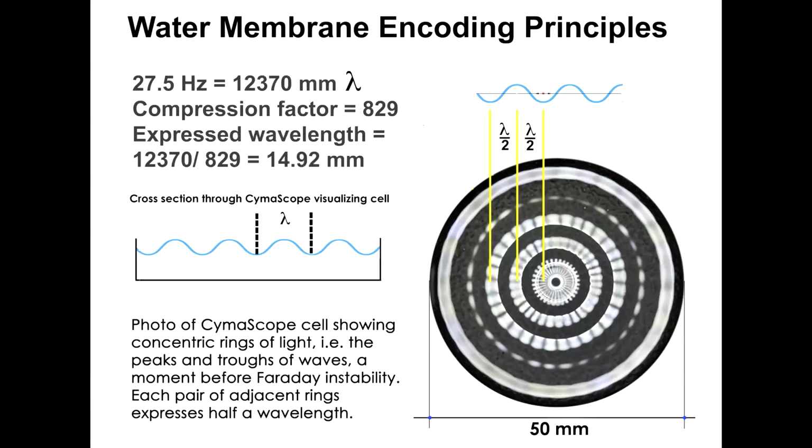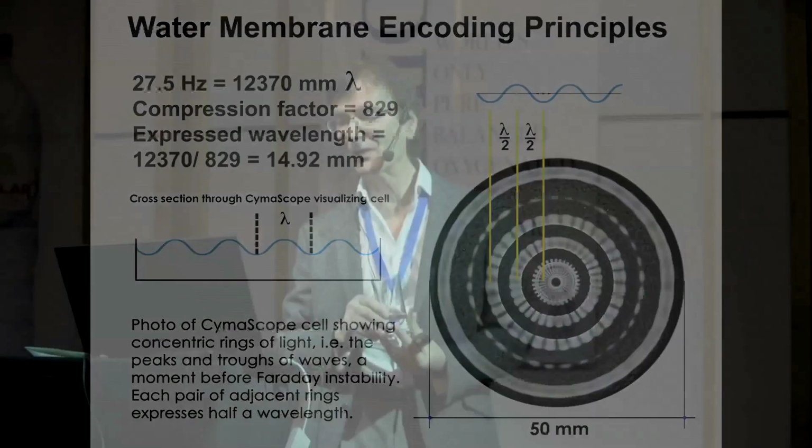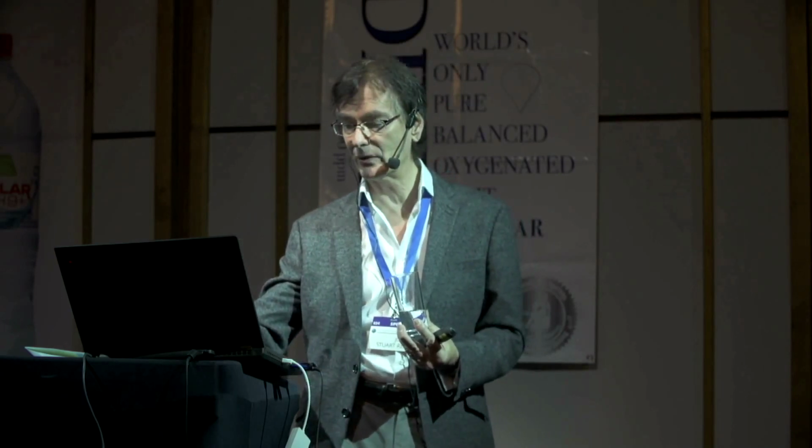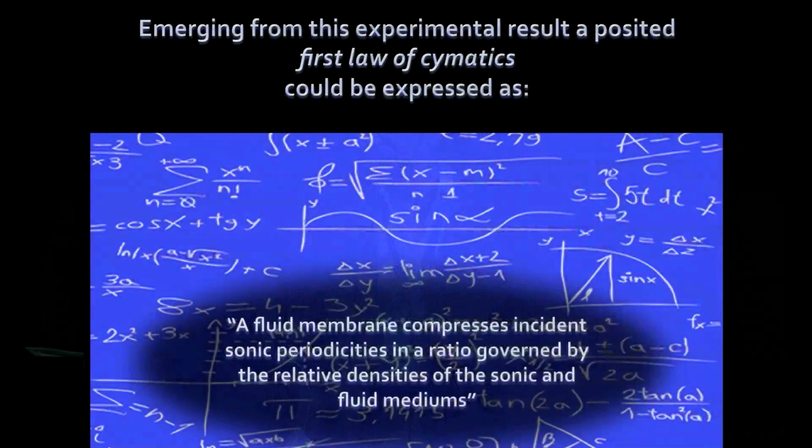So I think it almost certainly is correct that those sonic periodicities are being literally compressed down simply because of the differential in the density of air molecules versus water molecules. And if any of you want any of these PowerPoint slides, by the way, please see me later and you can have them, so you can study them at your leisure.